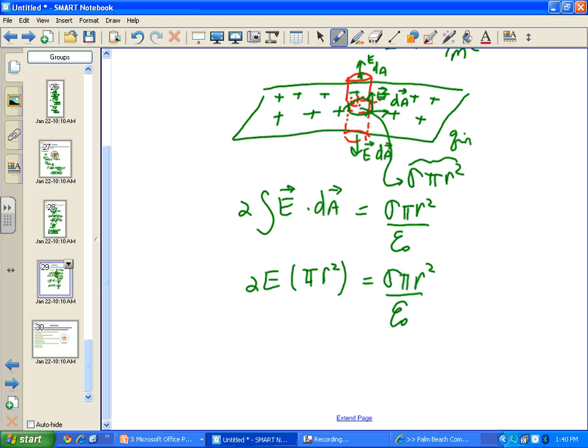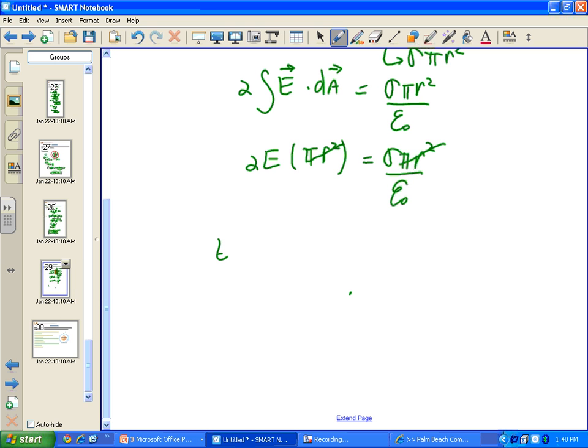But look here, pi r squared cancels on both sides, and therefore the electric field is calculated as sigma divided by 2 epsilon naught in the r hat direction, which means basically it doesn't have a spatial dimension.